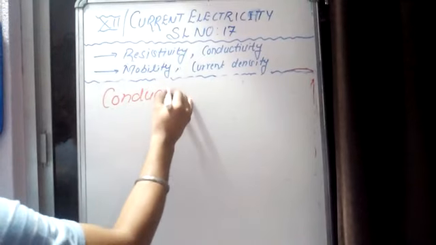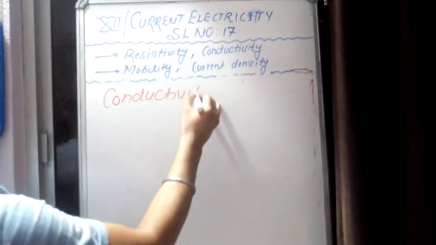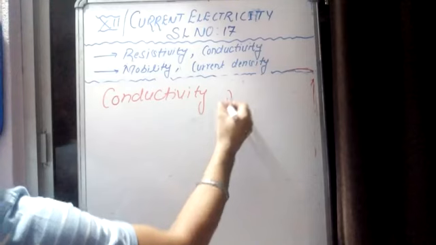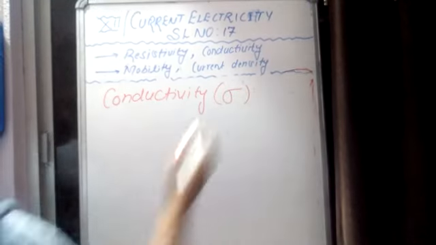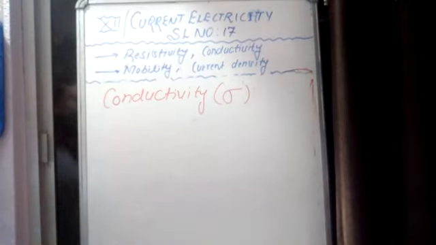Next we are taking conductivity. As the name suggests, it is very simple. If conductivity is more, it means the flow of charge carriers is very easy through the material.